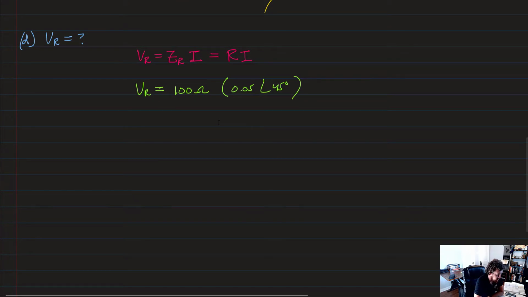So all we have to do is multiply 100 by 0.05, and we'll get that our V sub R is just equal to 5 at an angle of 45 degrees, and that's in volts.